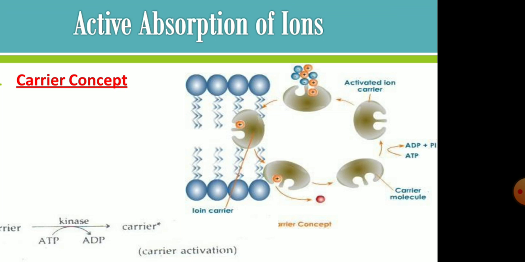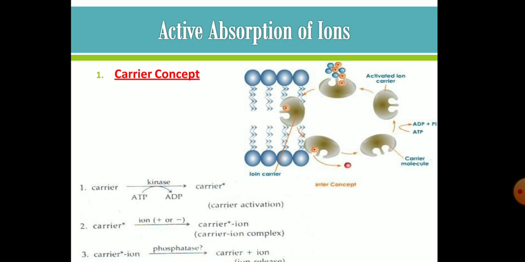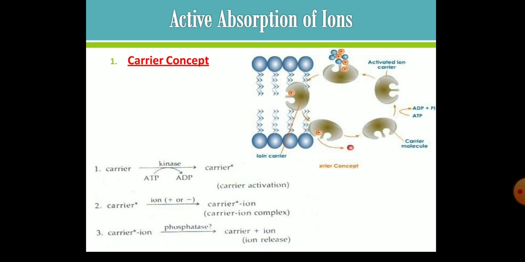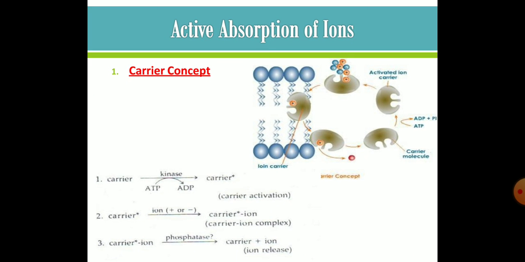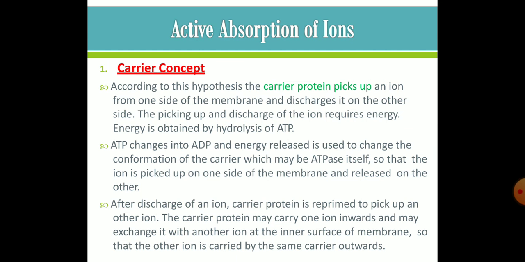When the ion binds, they will be transferred across the membrane, going from outside to inside, just like a carrier, using energy, that is ATP to ADP. In the presence of a kinase enzyme, the carrier molecule goes inside. Once the carrier gets inside, it separates into the carrier and the ion molecule. So this is how the carrier concept is developed.